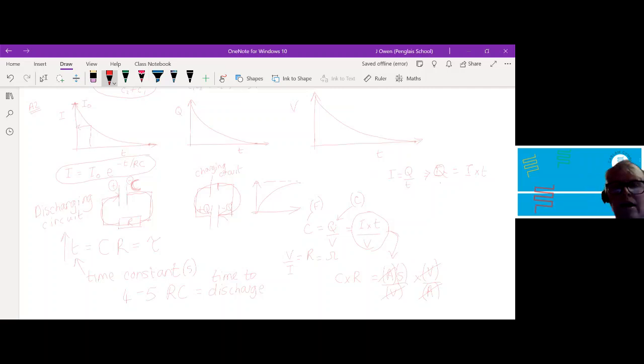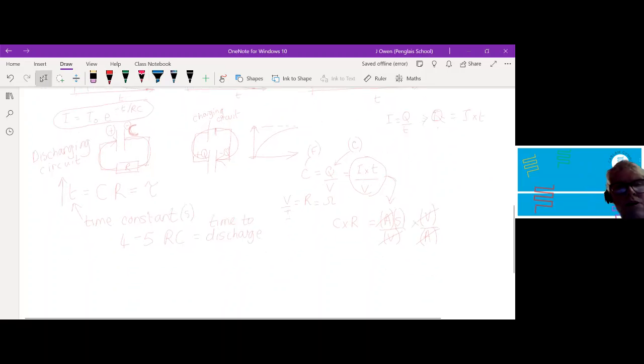And this is why it appears in that logarithmic equation: I equals I naught e to the minus t over RC. So the time here is the thing that changes. Time divided by the time constant gives you a factor of time constants in that time t.